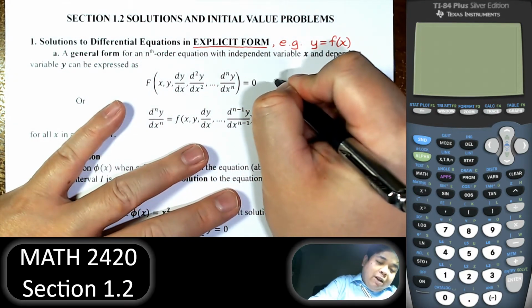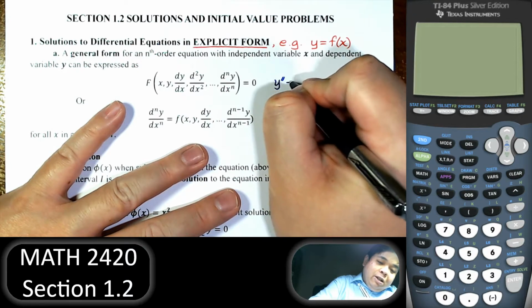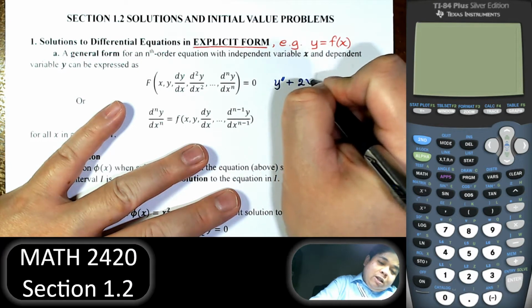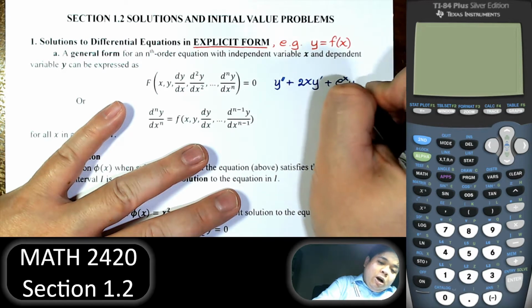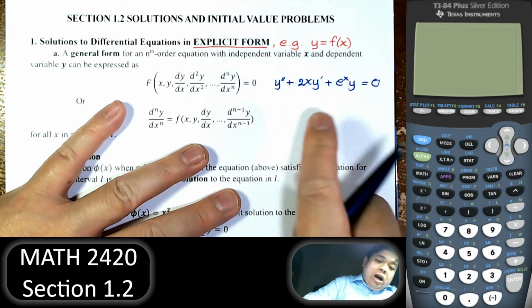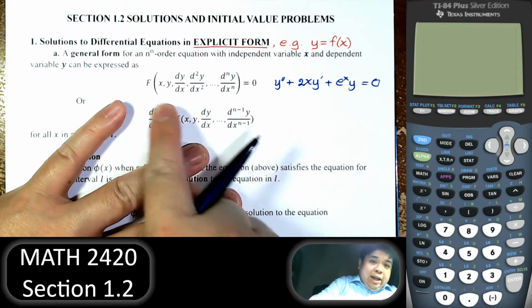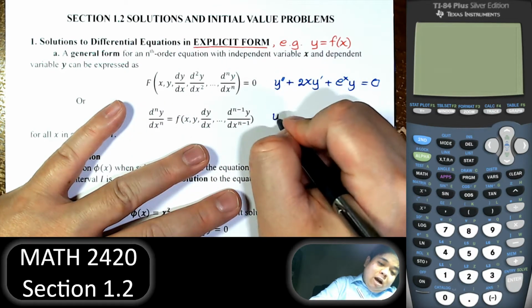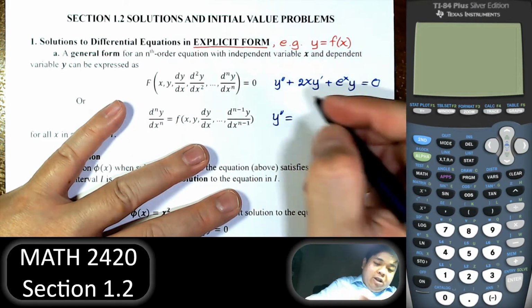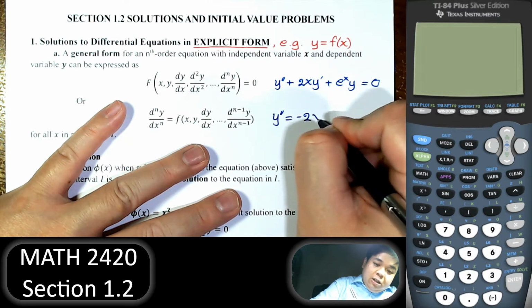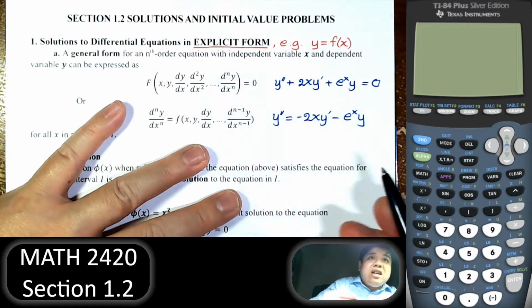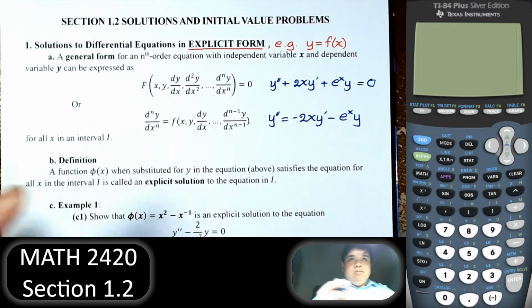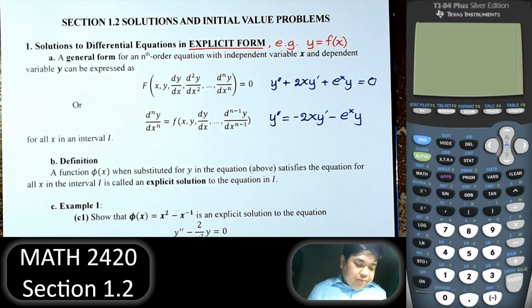For example, I can have a second derivative plus 2x y prime plus e to the x y equal to 0. So that equation is in this form. Now if I keep the second derivative, the highest power, by itself, and move everything else to the other side, in that case I have the equation in this form. So it's no big deal.